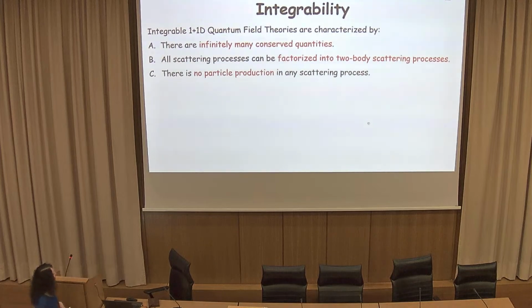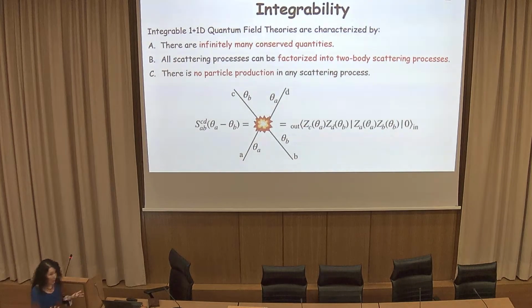What that means is that the two-particle scattering amplitudes are everything you need to fully characterize the scattering theory of an integrable quantum field theory, which is very nice and very interesting. Even more interesting is the fact that even though you have all these constraints because of the conserved quantities, you can still have highly non-trivial theories with very interesting physics. So you don't just have trivial solutions, free theories.